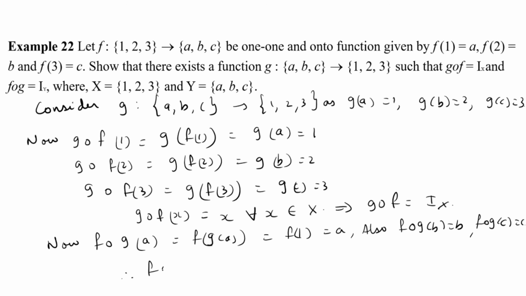Therefore, f of g of y is equal to y for all y belongs to the set y. This means f of g is equal to the identity function iy.